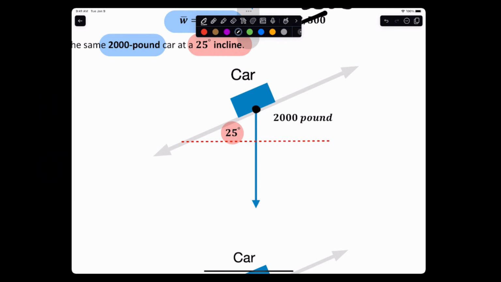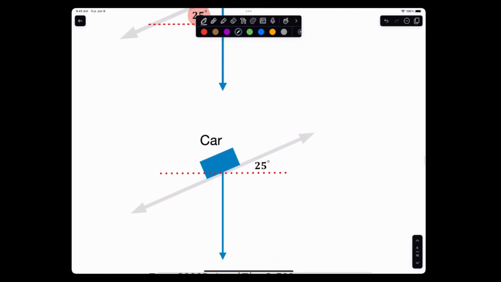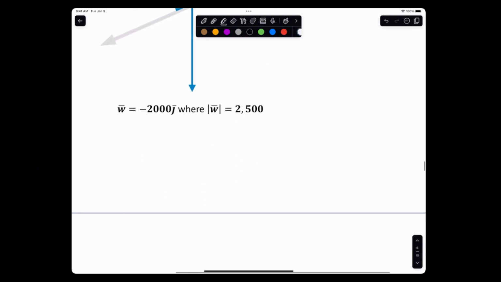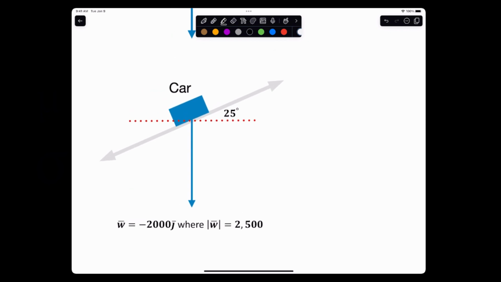here's the thing though. If I start to look at this a little differently, and I say to you, what if I look at this as maybe an x-axis here?